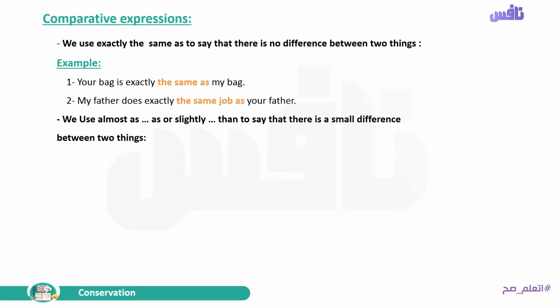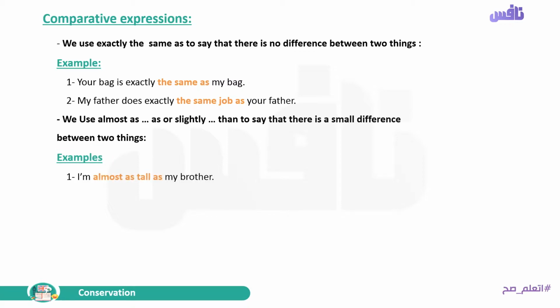Also, we have almost as or slightly more than. We use almost as or slightly more than to say that there is a small difference between two things. We use them to express difference between two things. Examples. Number 1.